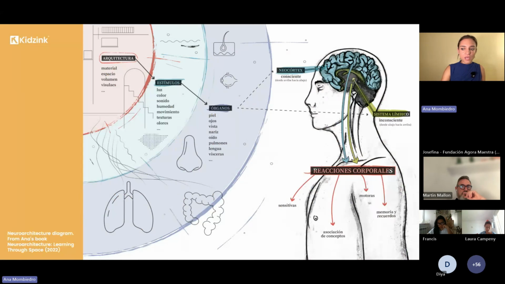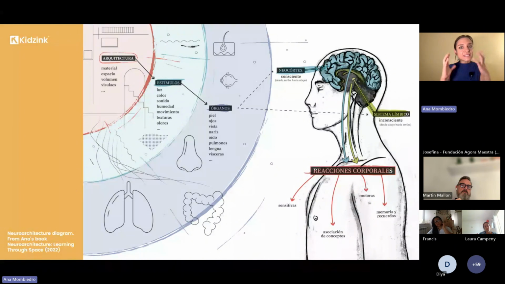Sometimes people ask me how architecture and neuroscience are actually connected. Well, we can understand that architecture is the tangible part of the world we inhabit. When we talk about architecture, we imagine that we just talk about the walls, the glass, the flooring, the ceiling, the volumes, which is the outcome of architecture.